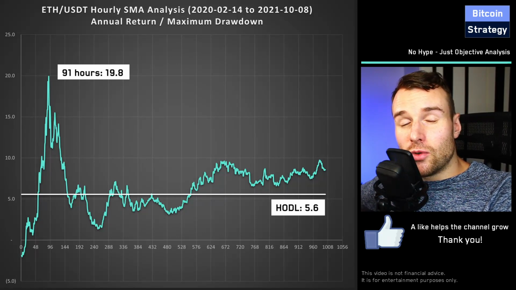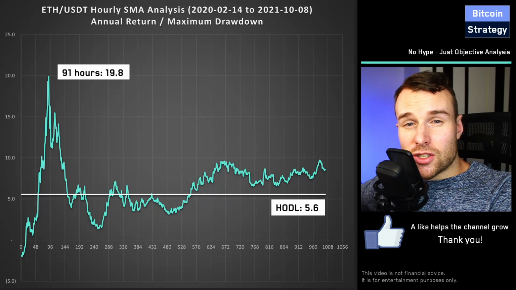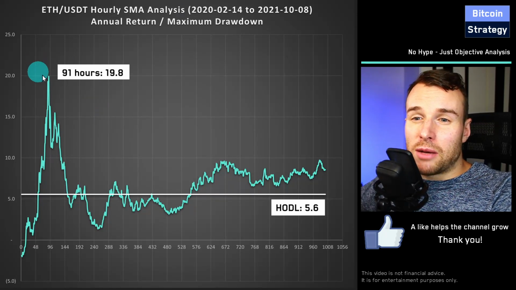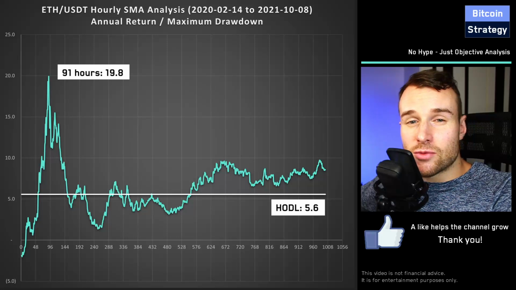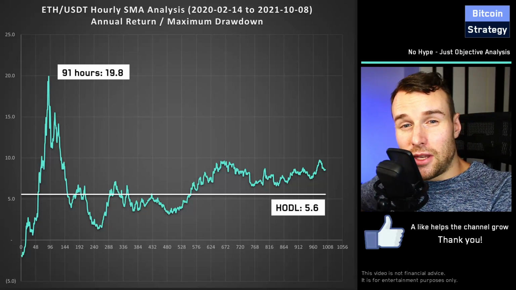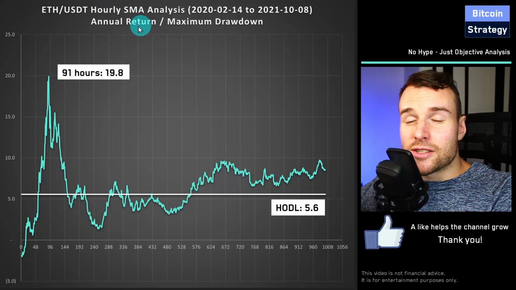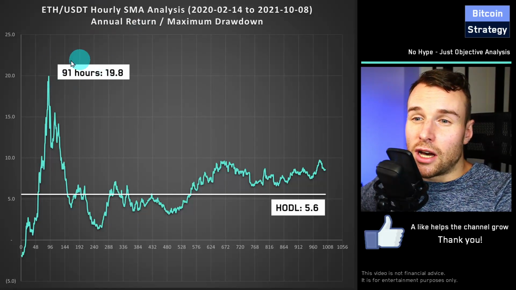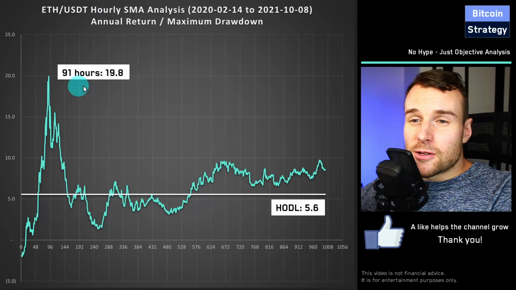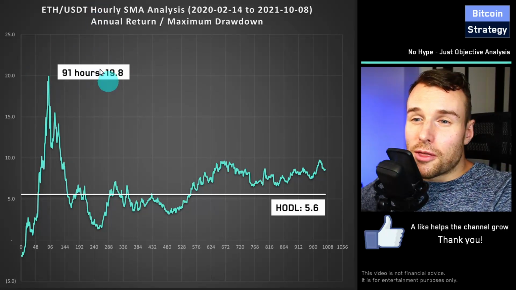And so what you can do is, if you are an active altcoin trader and you like your altcoin research, where you short-term buy in and out, where you've got more price movements, where maybe the trading fees are not as relevant because your volatility is higher compared to your fee for every trade, you might use the 91-hour moving average to gauge, do you want to trade in altcoins or not? But simply using this to trade in and out of Ethereum, it gives the better risk versus reward.